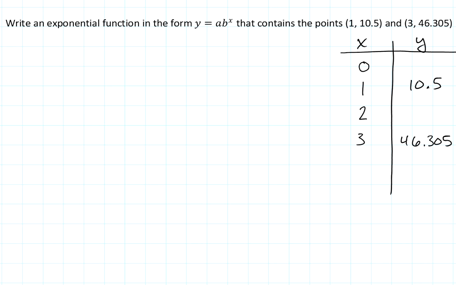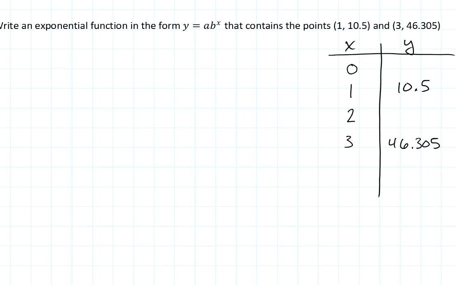But I'm looking at this. I know that it's geometric, because it's of this form, y equals a times b to the x. So I'm multiplying by some particular value repeatedly. I don't know what that number is, but if I multiply 10.5 by that number 2 times, I get 46.305. In fact, that number is b.